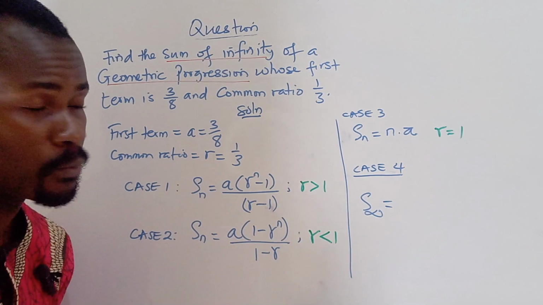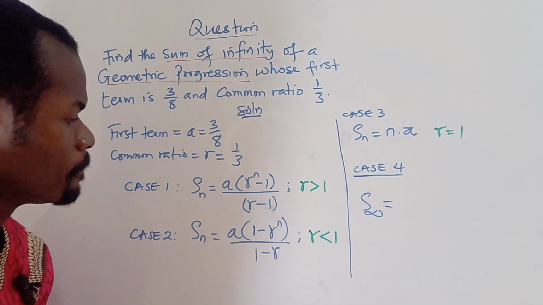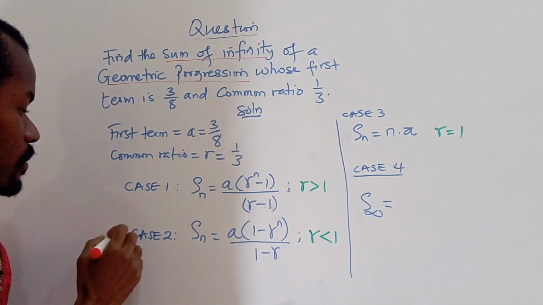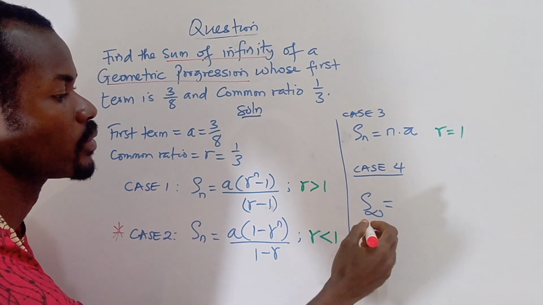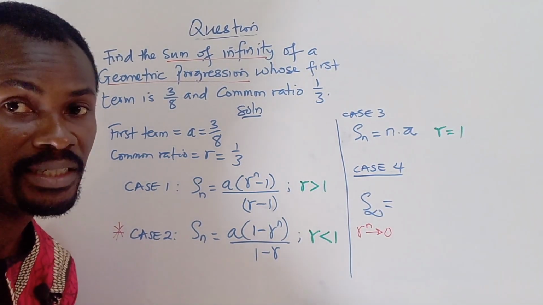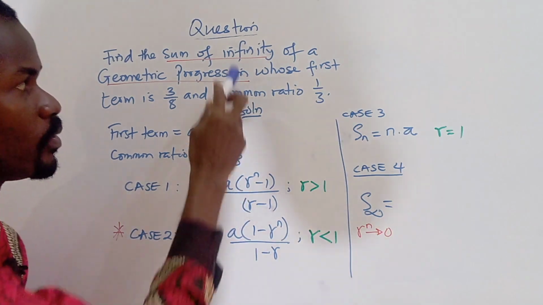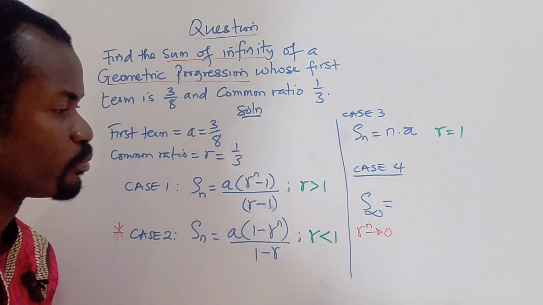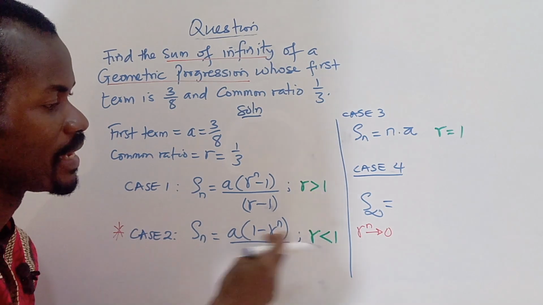Now for case 4, we have the sum of infinity. If we want to get the sum of infinity, we have to come back to this, such that we say r to the power n approaches 0. That is the condition with which we have the sum of infinite terms for a geometric progression. So all I need to do in this formula is input this as 0.